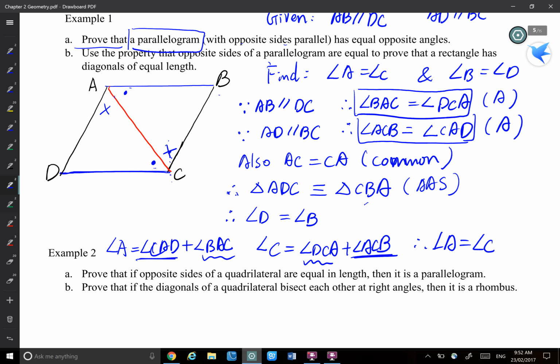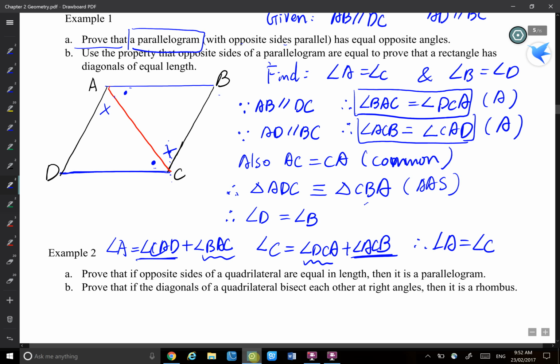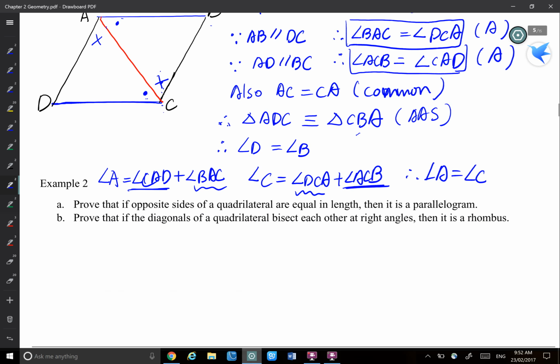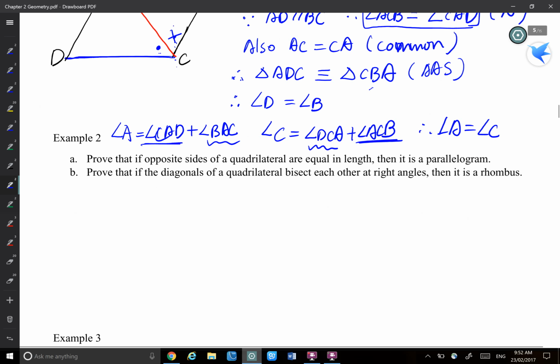Okay. Next one is: use the property that opposite sides of a parallelogram are equal to prove that a rectangle has diagonals of equal length. Okay, I don't have space.